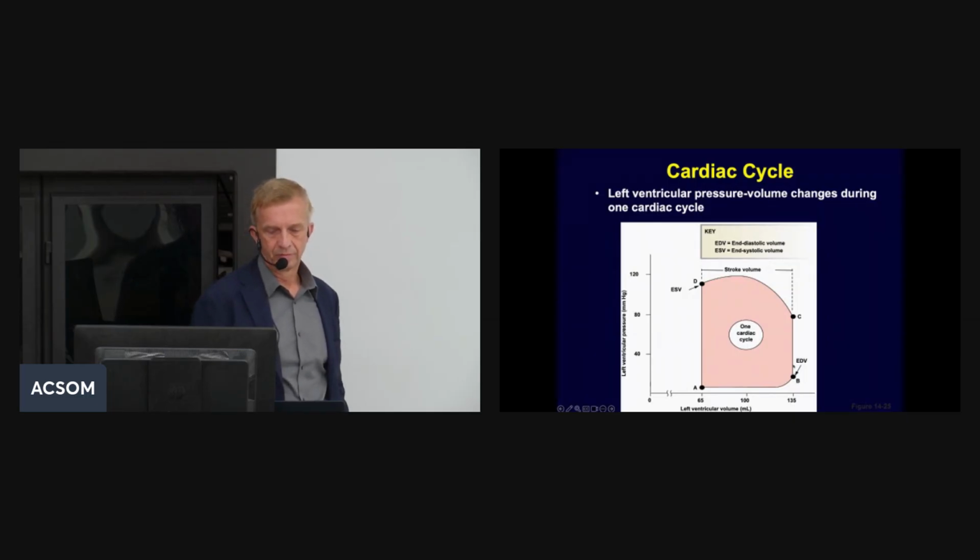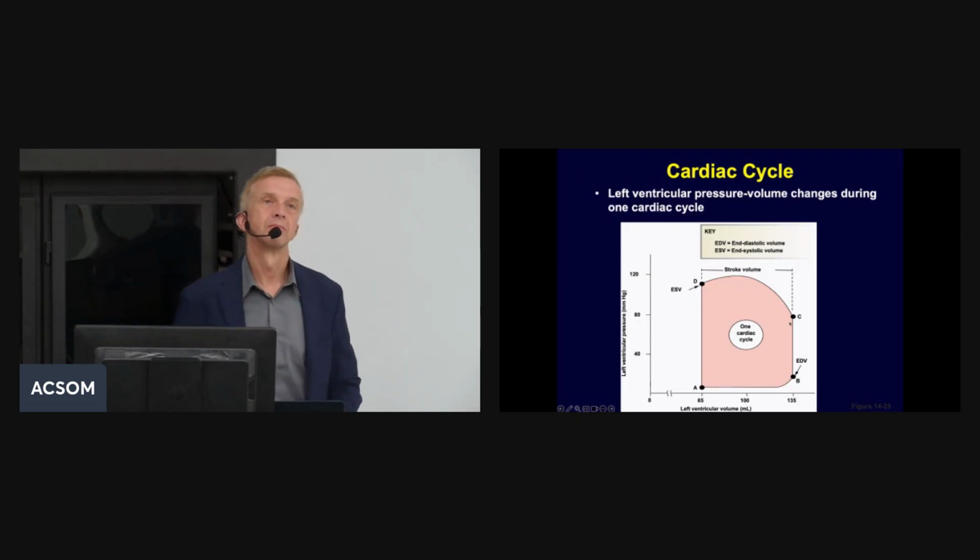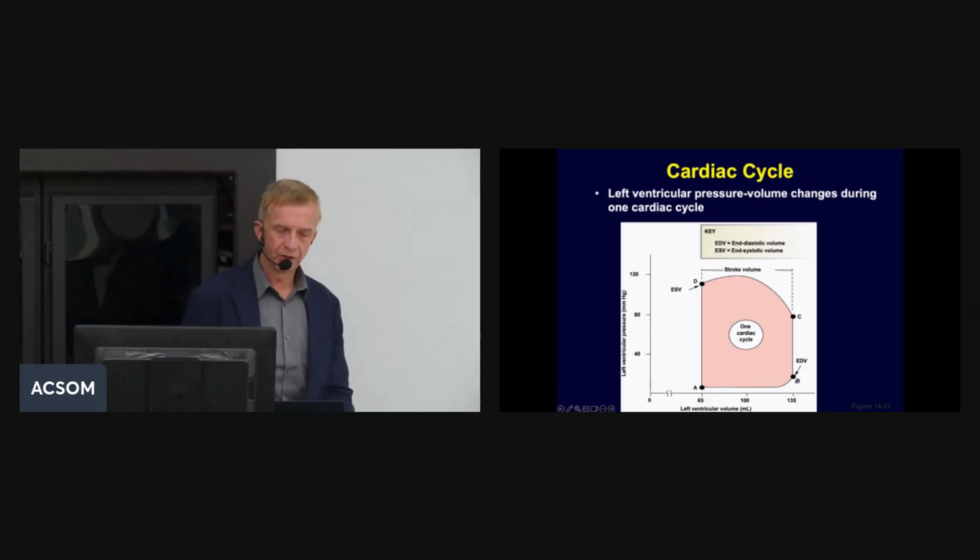Then what happens? What is this phase from point B to point C? So you see the volume doesn't change. But what changes? Pressure, right? From around 20, depends on the loading conditions, to around 80.